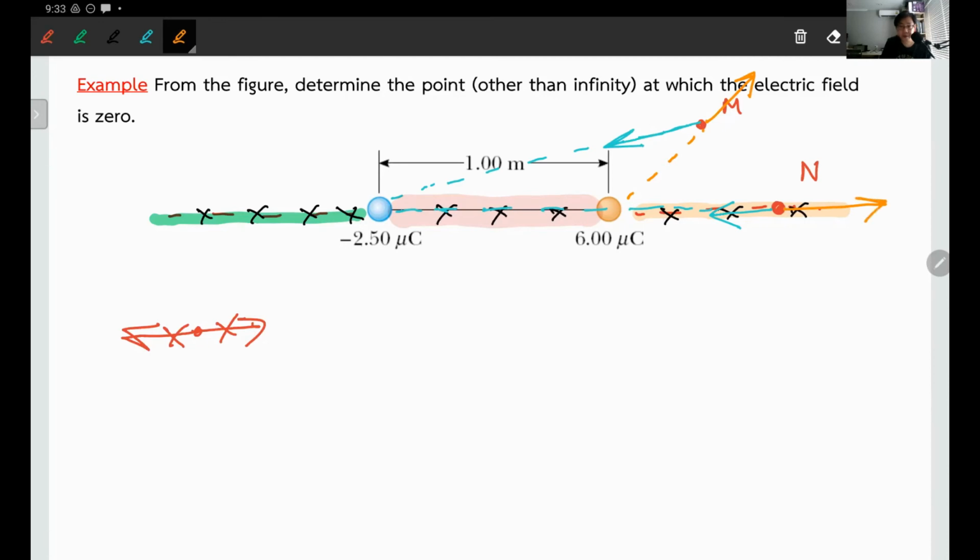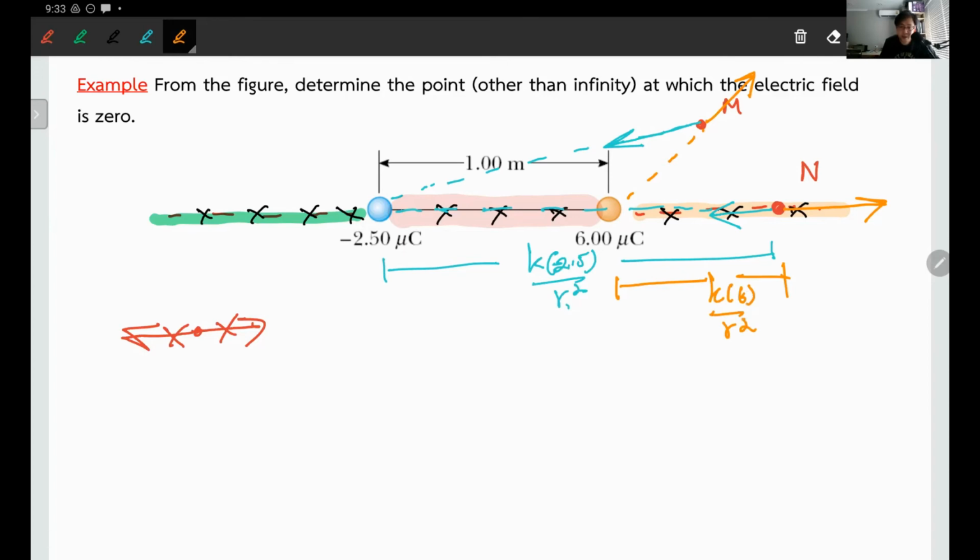However, look at the distance. The blue one is far away. The orange one is actually pretty close. What I'm saying here is the kQ over r squared for this one and the kQ over r squared for this one, which I color coded here.